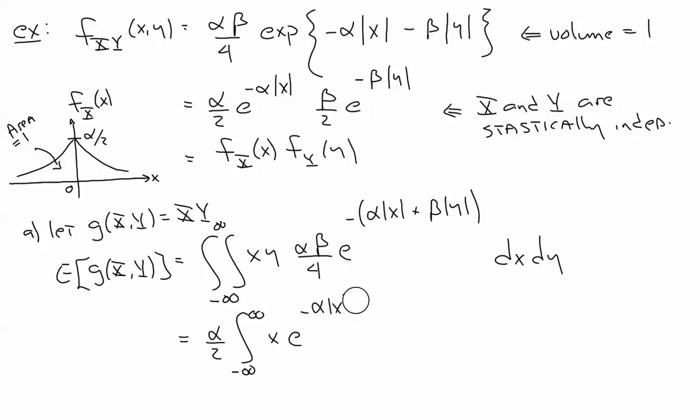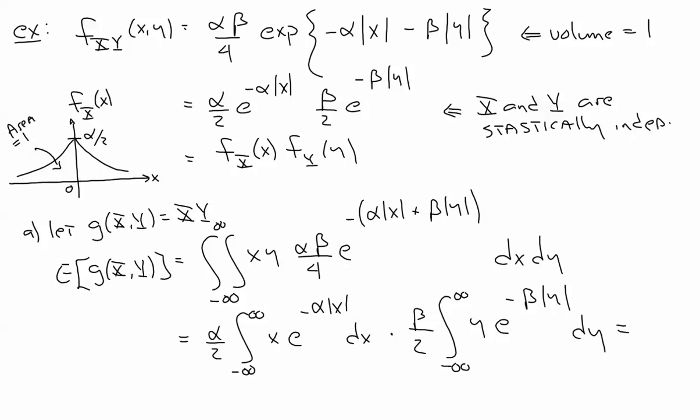That's an absolute value sign. Times beta over 2. All right, I can break it down that way. Now what I want to point out to you is that my marginal probability density functions are even.